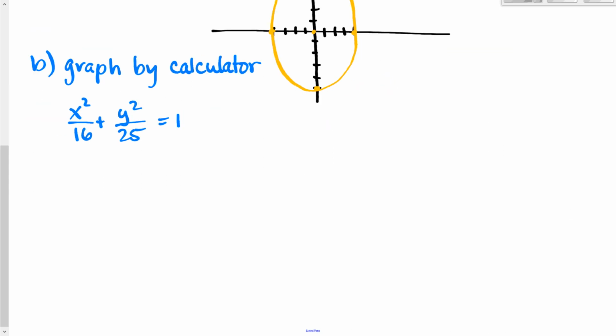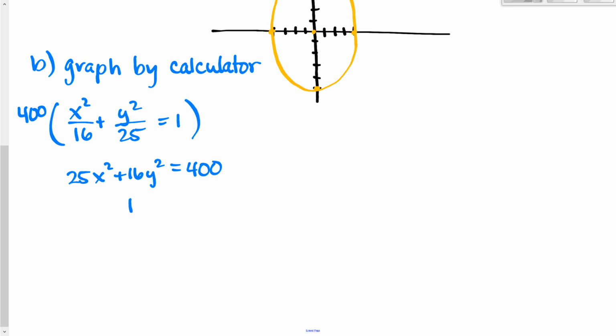You could figure out the common multiple of 16 and 25. I'm thinking that's 400 because we know there are 16 quarters in $4, right? So let's multiply both sides by 400. And we have 25x squared plus 16y squared equals 400. We don't have to do that first, but it's an option if you want to get rid of those fractions.